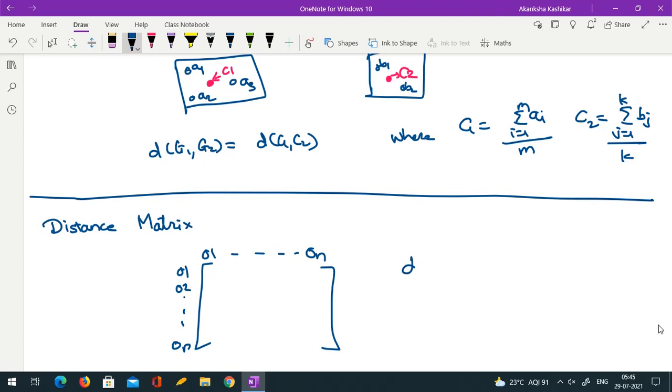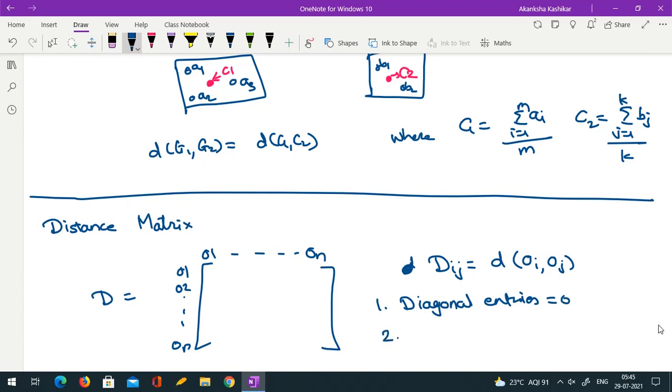So in general, if I call this matrix D, then Dij, ijth entry of D would be distance between Oi and Oj, ith observation and jth observation. Now by the definition itself, the diagonal entries of the distance matrix would be 0, correct? Because they are distances of the objects from themselves. So diagonal entries would be equal to 0, no doubt about that.